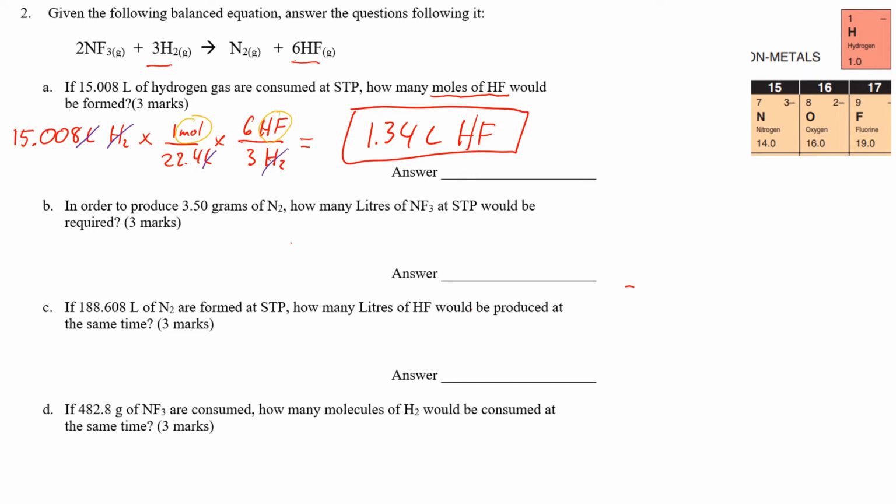And here I have 3.50 grams of nitrogen gas. Again, it's not in moles. So when in doubt, mole it out. Nitrogen gas has a molar mass of 14, so N2 has a molar mass of 28. Nope, not liters, grams.